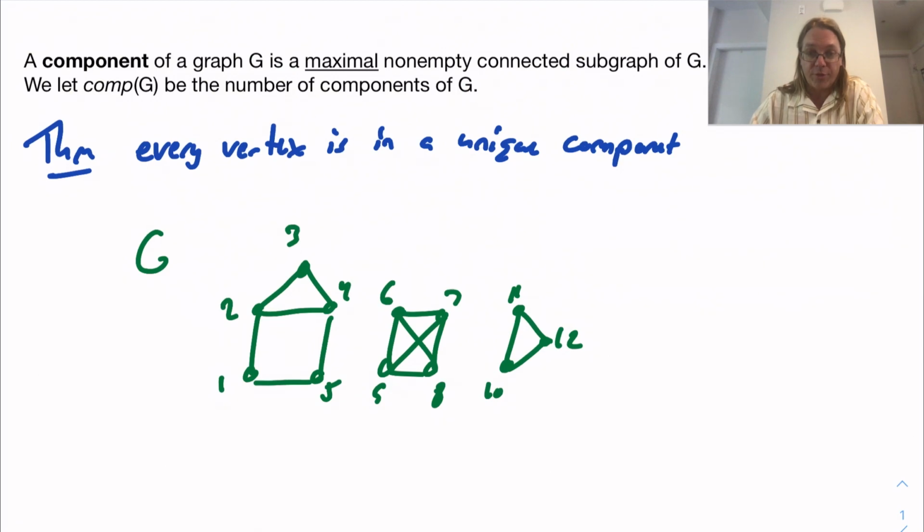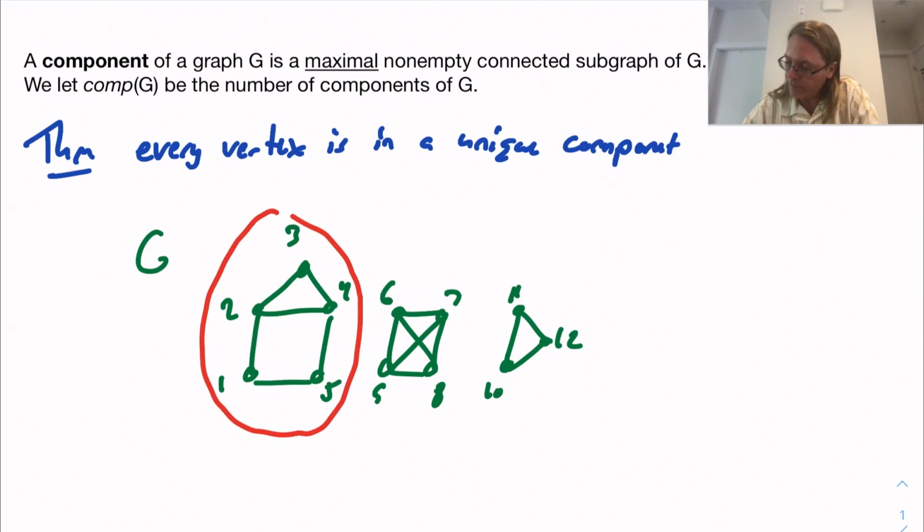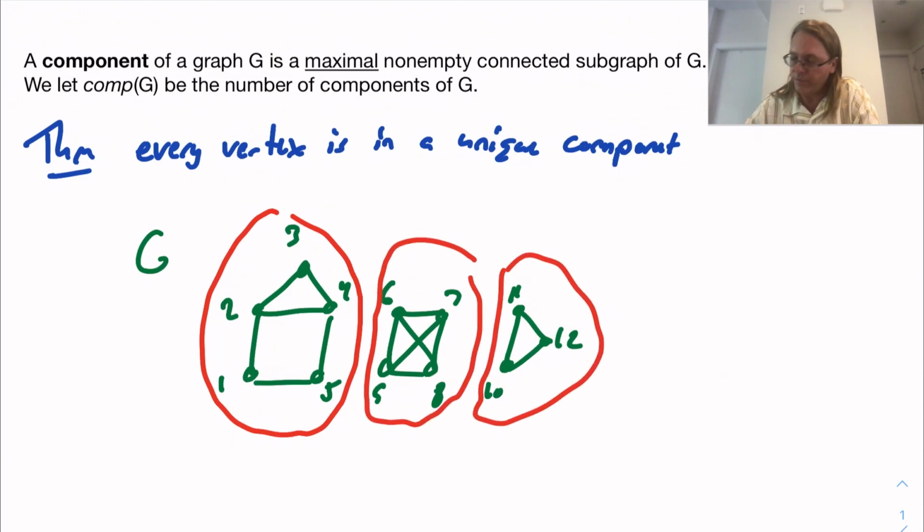This graph has 3 components. This is a component, this is a component, this is a component. We can tell upon inspection that the first 5 vertex subgraph I've highlighted is a connected subgraph.